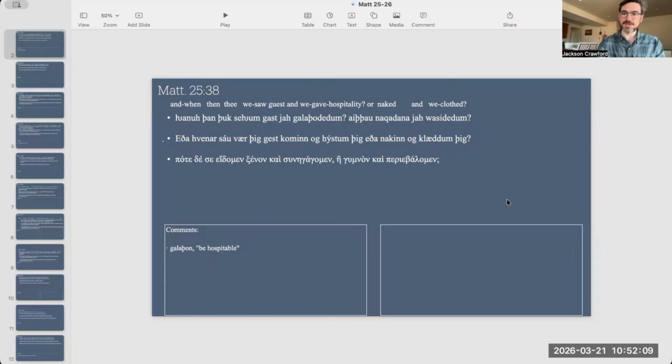This is usually what it looks like in the Gothic reading group. I'll show you a stanza in Gothic, then I'll show you the same stanza in the earliest known translation into Icelandic. So probably the closest comparable existing translation in another language.